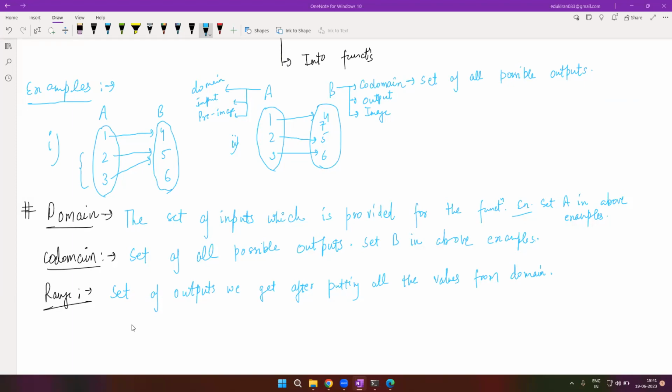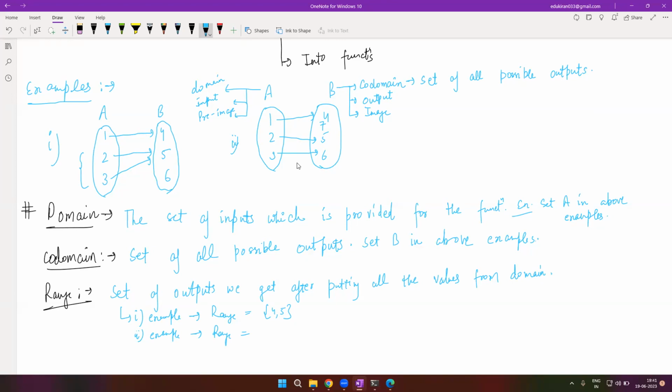So that is the difference between range and codomain. First example, your range is 4, 5. And in the second example, can you tell me the range? 4, 5, 6, 7. 4, 5, 6, 7 in whole consist of our codomain.